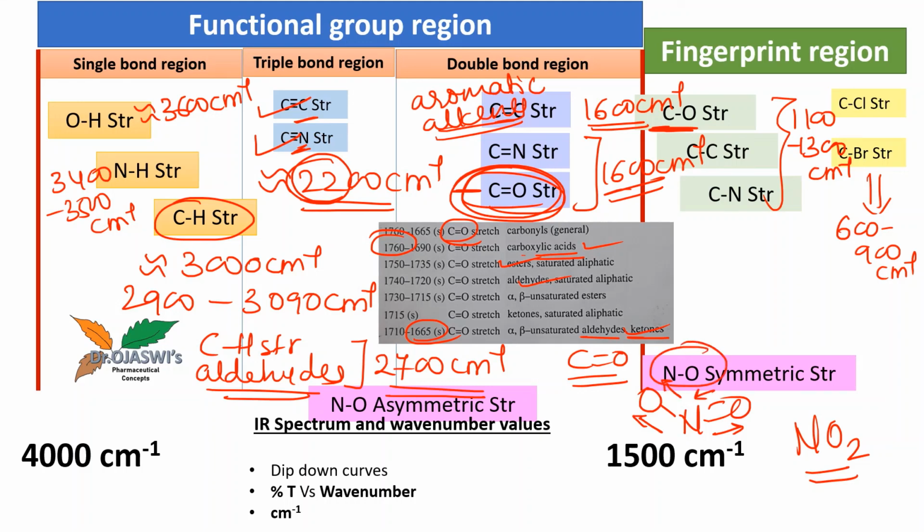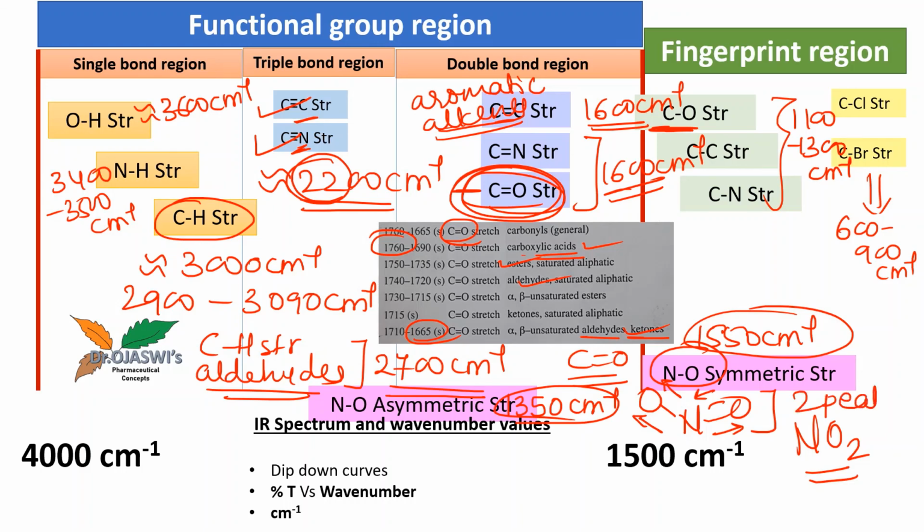So NO symmetric appears around 1550 centimeter inverse, this is very characteristic, and NO asymmetric stretching appears around 1350 centimeter inverse. So these are the two peaks which appear for the nitro group. For nitro groups we always get two peaks around 1550 centimeter inverse and 1350 centimeter inverse.